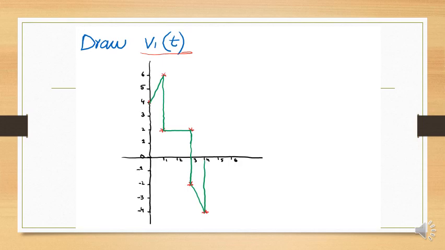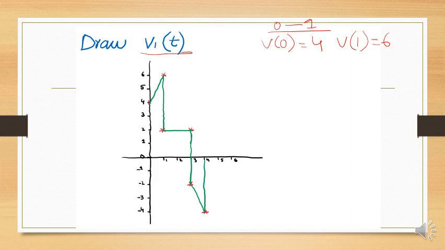So from interval 0 to 1, we got V of 0 is equal to 4, and what was V of 1? It was 6. It was from interval 0 to 1.